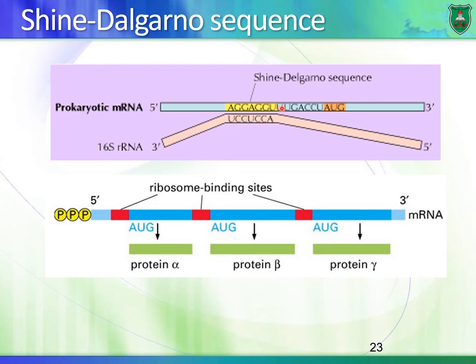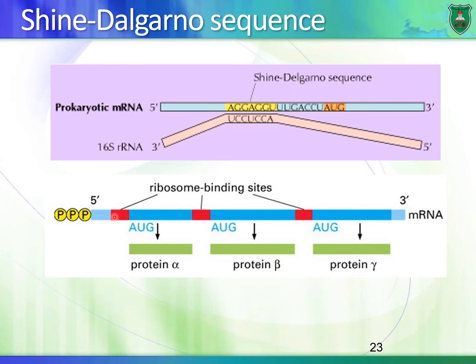Now notice something here, that the AUG that comes right after the Shine-Dalgarno sequence is the first codon that is read. Notice that there are nucleotides that are not translated right here, including the Shine-Dalgarno sequence. And these are part of the untranslated region, the 5' untranslated region.